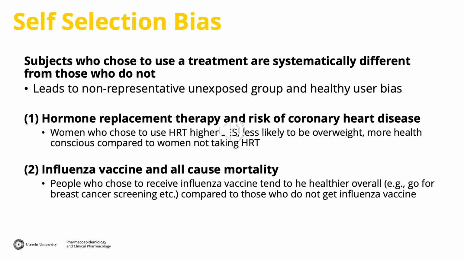This can lead to a non-representative, unexposed group of individuals, or something called a healthy user bias. So, for example, this is a pretty famous study of self-selection bias. Hormone replacement therapy was used for older women because it was thought to decrease the risk of issues related to menopause.